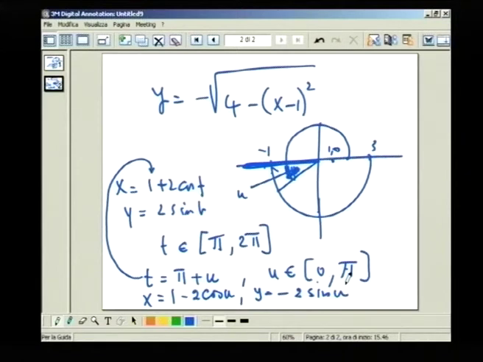So you have now new coordinates x and y, such that the parameter u starts from 0 till pi, subject to x equal to 1 minus 2 cosine u, and y equal to minus 2 sine u. In fact, the sine function is positive from 0 to pi, but here y is negative because it's below the x-axis. So this is one way of doing it.